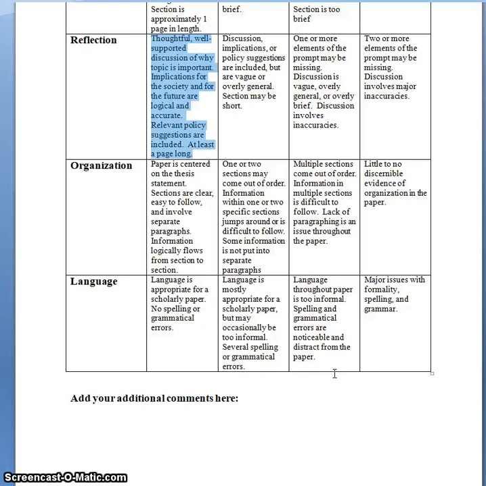Another thing that you are including, and really this works pretty well with all of our topics, is relevant policy suggestions. So this could be a government policy, but it could also be a school policy or a community policy. Don't just say, well, I think people need to stop labeling people. Tell me how that's going to happen.